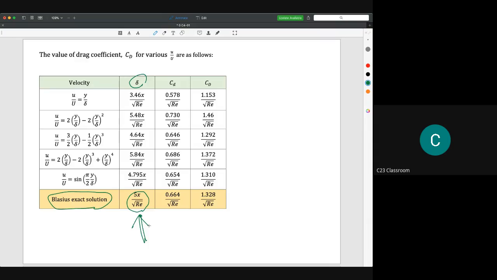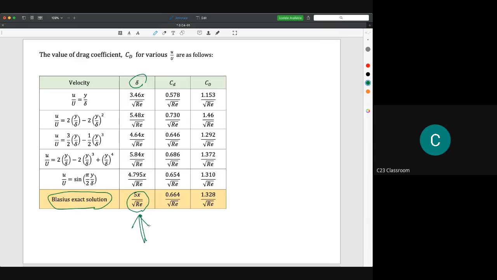If it is laminar, later in the tutorial we will show how to determine whether it is laminar or turbulent. So if you assume that your boundary layer is laminar and you don't know your velocity distribution, it is okay to assume that your laminar boundary layer fulfills the Blasius exact solution.